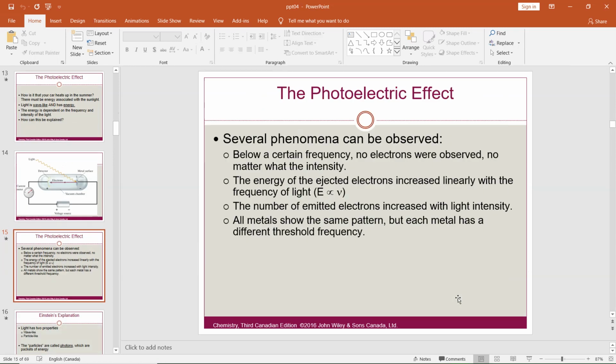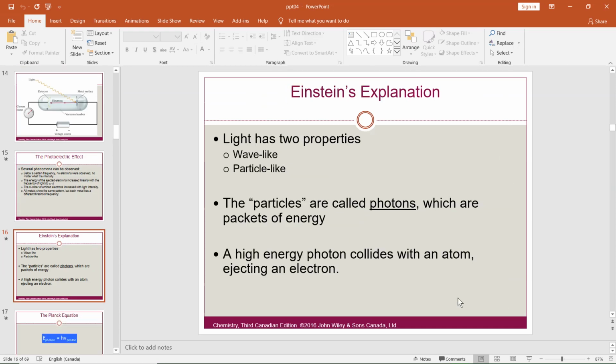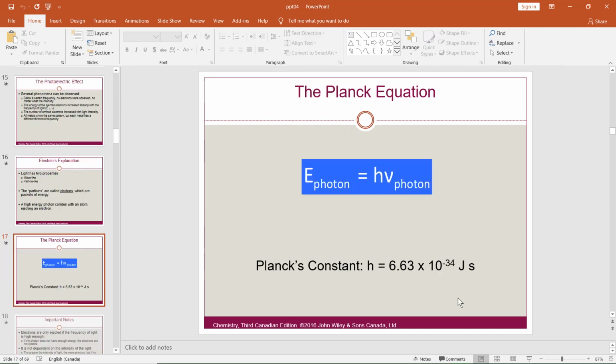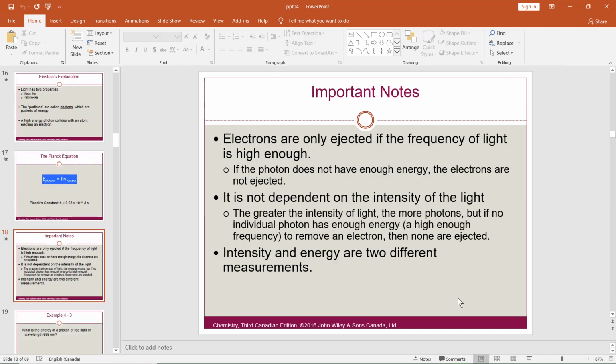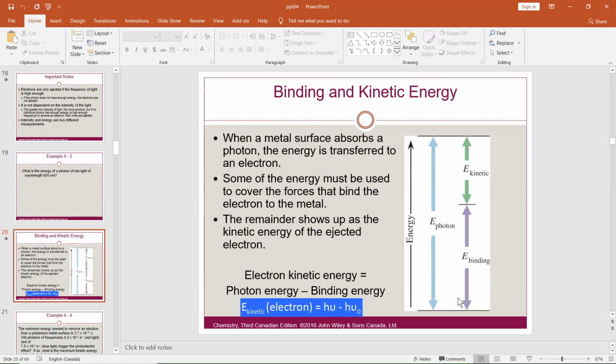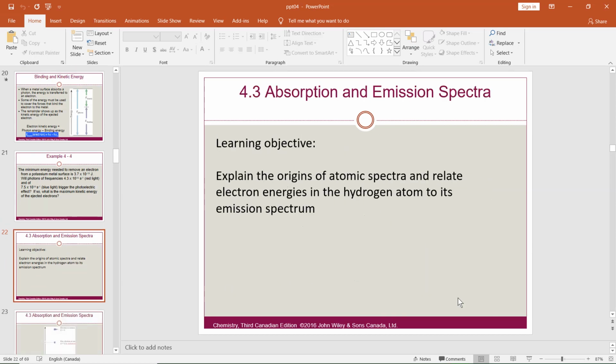Light's wave has particles, the phenomena of photoelectric effect. A photon's energy collides with an atom, ejecting an electron. Okay, Planck equation, we looked at that. Some examples, there's my kinetic energy, that's the example we just did. And so that's good for our first lecture on Unit 4.